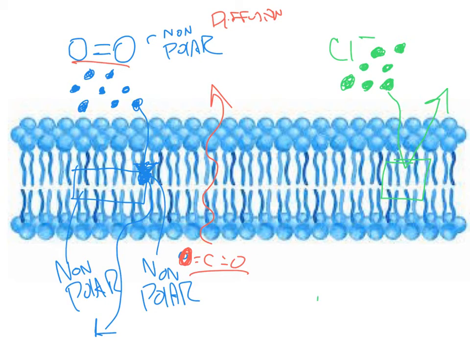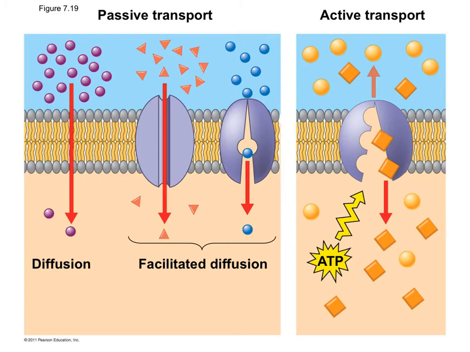Same would be true if you had something on the inside. So let's say you had sodium on the inside. Sodium, because it's charged, doesn't matter whether it's an anion or a cation, would be trapped on one side of the membrane or the other in this example. However, there are ways to get molecules that are polar across.